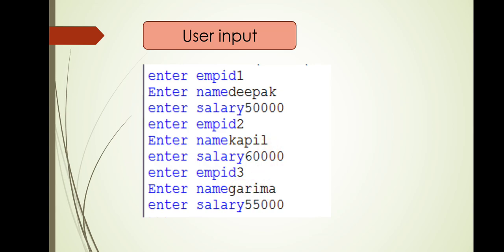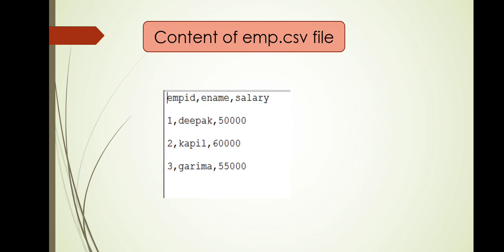When I have run that code and provided this input, see, these are the contents of my CSV file. As you will notice over here, this is the first line, then first record, second record and third record. Now you will notice over here that a blank line is inserted. We have not provided any blank line, but it has inserted a blank line.